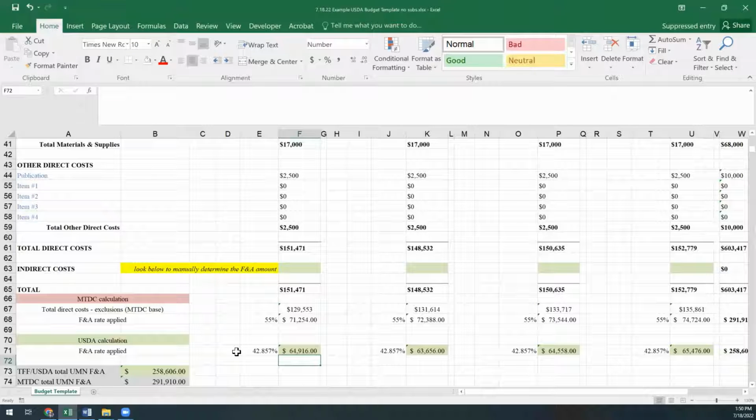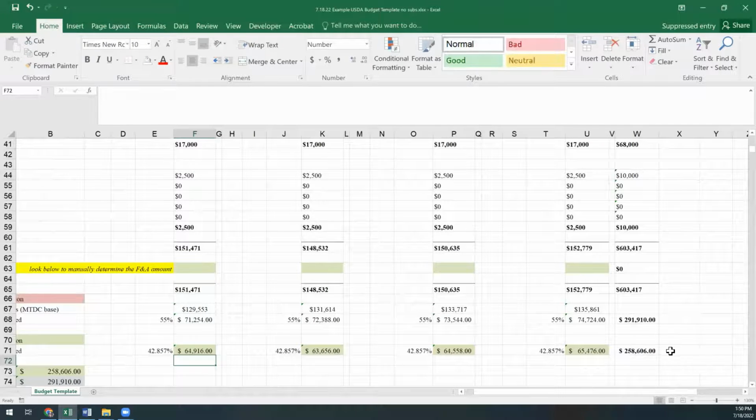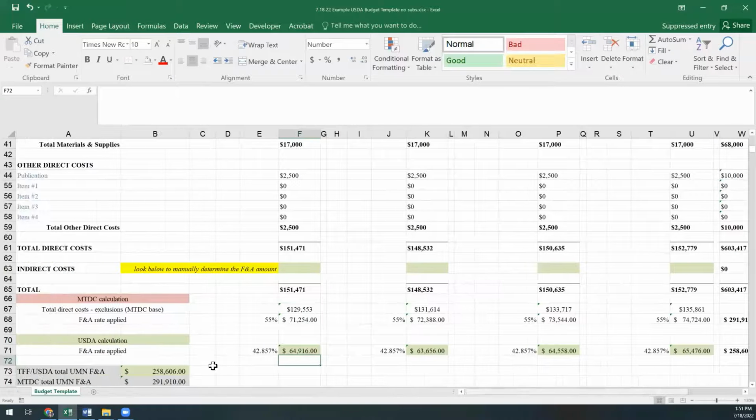The budget template is designed to highlight in green the cells that produce the lower amount of F&A. So in this scenario, we can see that we have requested a lower amount of F&A using the USDA calculation versus the modified total direct cost calculation. This means that we will need to use the USDA's rate for this proposal budget.